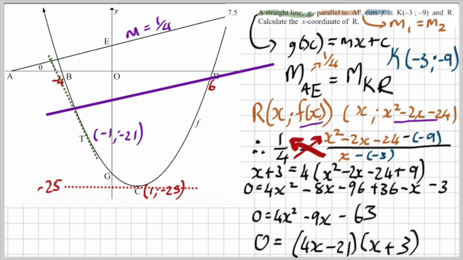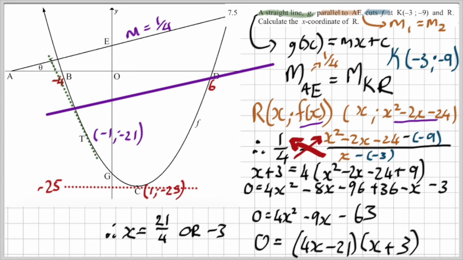Now, I'm not done yet because I still need to find the x values. So finding the x values, I've got 2 options: 21 over 4 and negative 3. Which one of the x values is going to be the x coordinate of R? Well, look at K. K is negative 3.